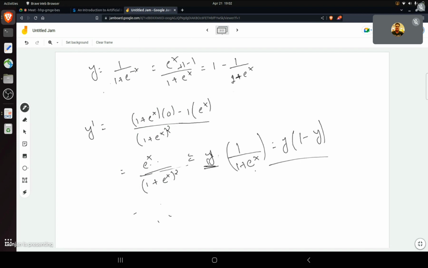So I just wrote 1 over 1 plus e to the power x as 1 minus y from this equation. So y is 1 minus 1 over 1 plus e to the power x, and so this will give us 1 over 1 plus e to the power x is 1 minus y. So it is g of z into 1 minus g of z. So yeah, that's how we get it.